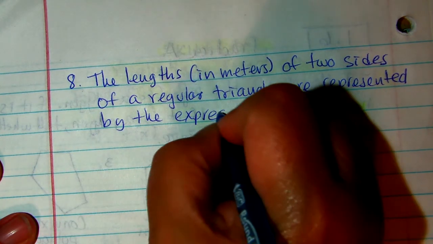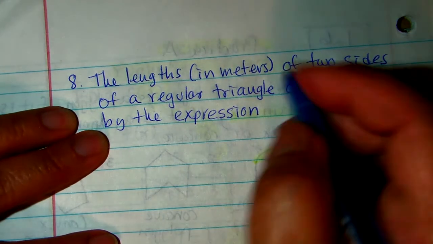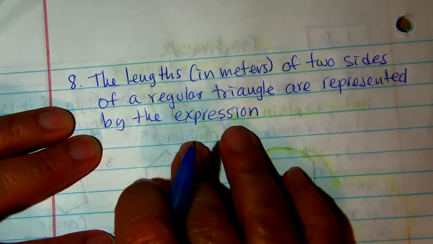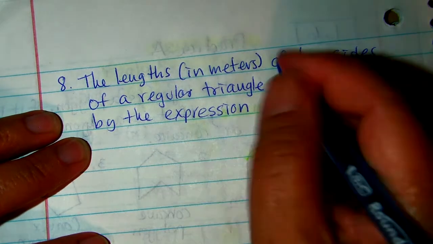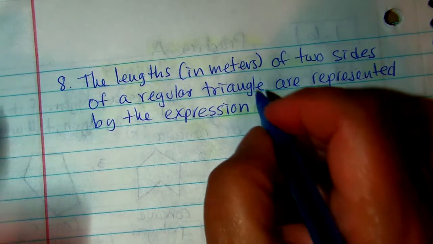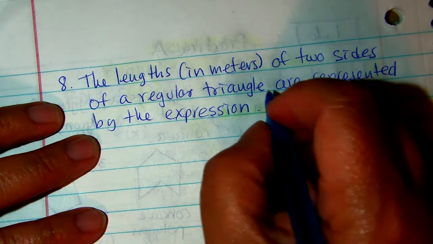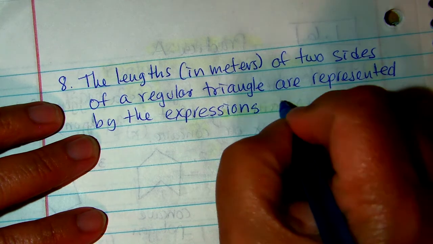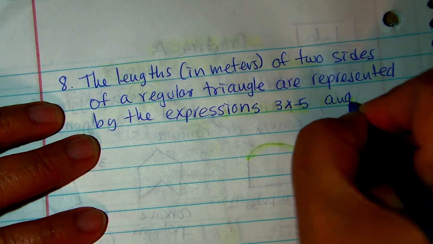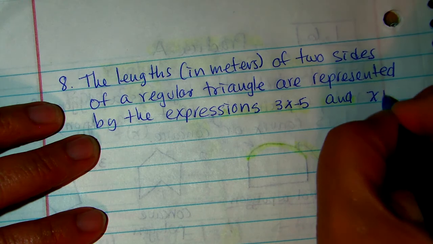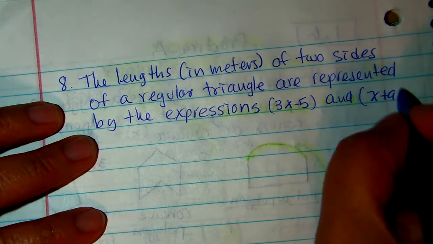Now guys, the only reason I'm writing this fast is because I don't want to make the video too long, but you're watching the video, you can pause if you need to write with me, okay? I'm going faster than I usually do. All right, so are represented by the expressions 3x minus 5 and x plus 9.